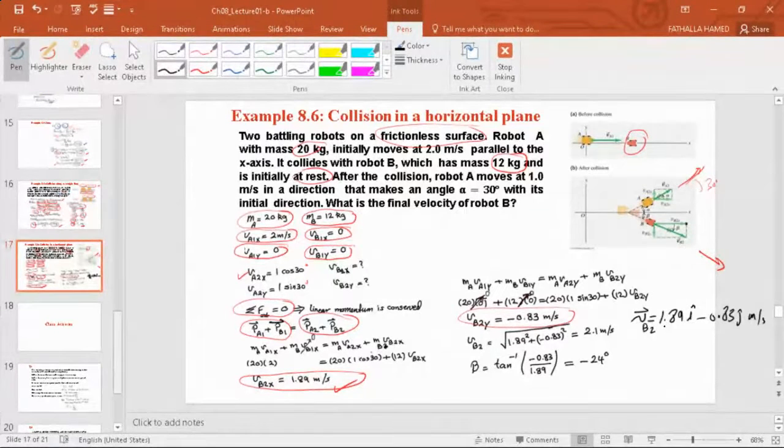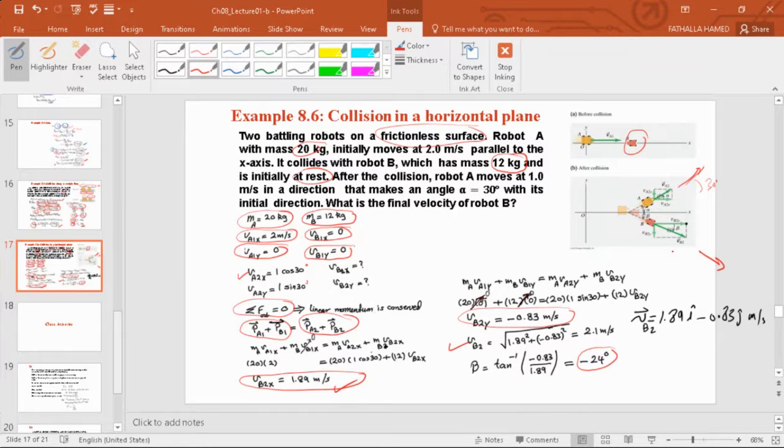Now, you can get the magnitude, you know how to do that. And you can also get your direction, beta here. Beta is equal to tan inverse of the y component over the x component, and it gives you minus 24 degrees. That means it's below the x-axis.